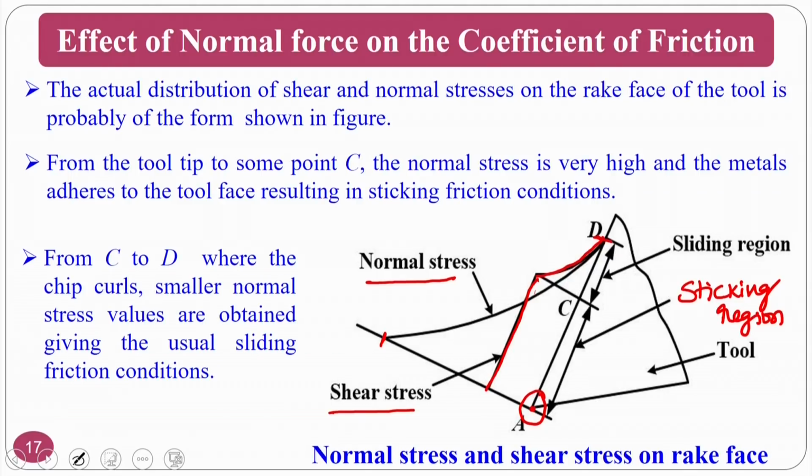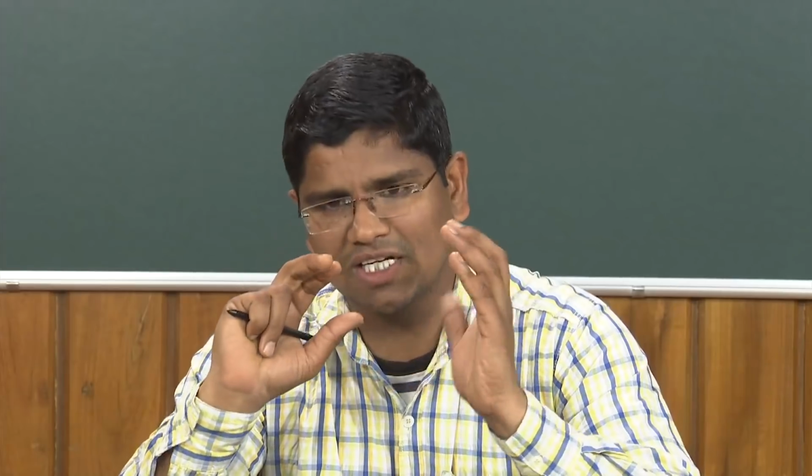From C to D, where the chip curls, smaller normal stresses are obtained, giving sliding friction conditions. Okay, C to D, which we are studying, is the sliding region. Because the normal stresses are low here, a sliding action takes place, and since there is not much stress on the tool by the chip, and if you have a cutting fluid application, not much difference, but there is a difference.